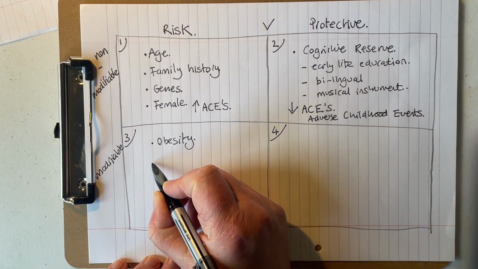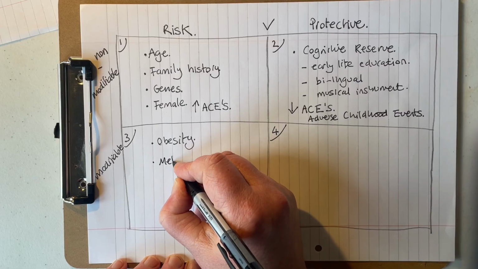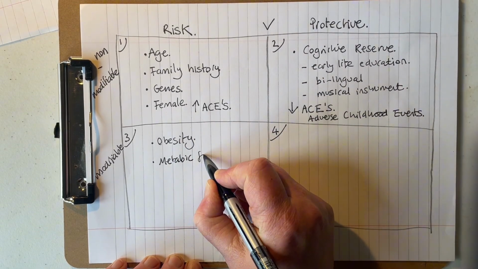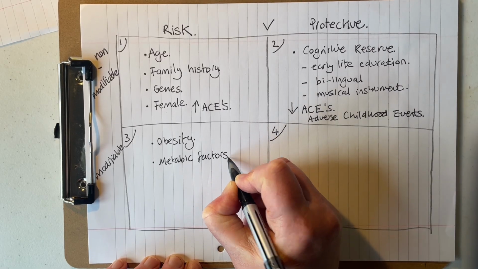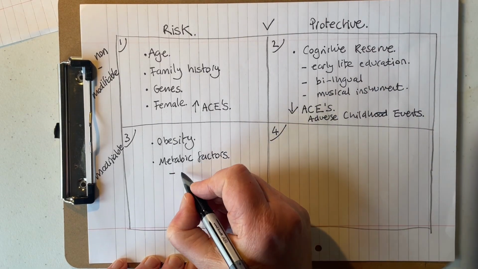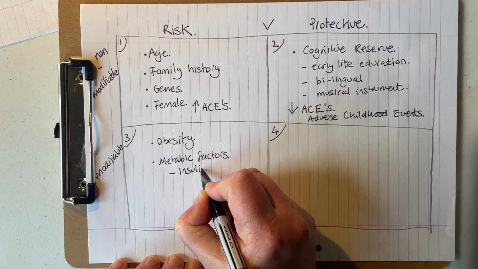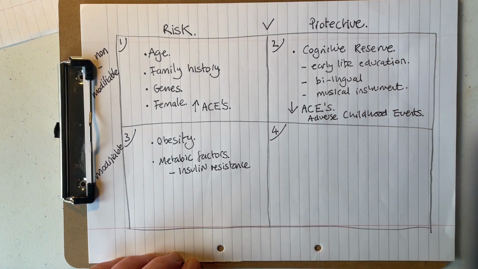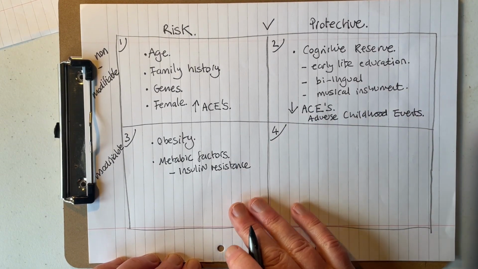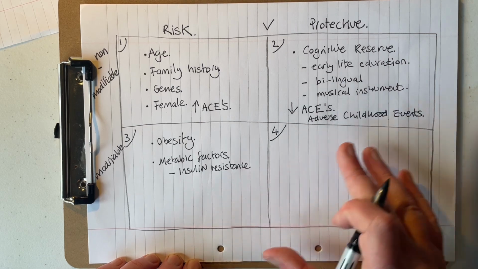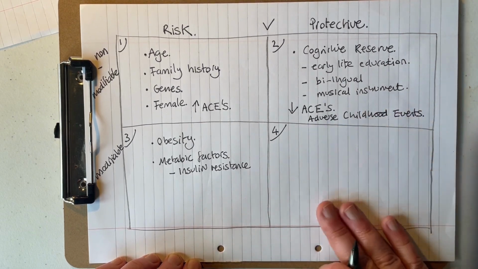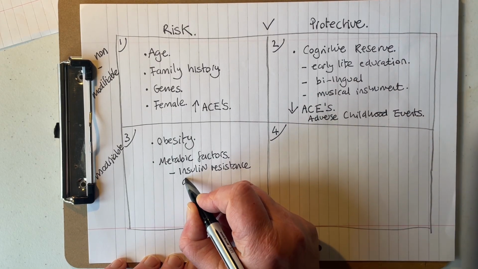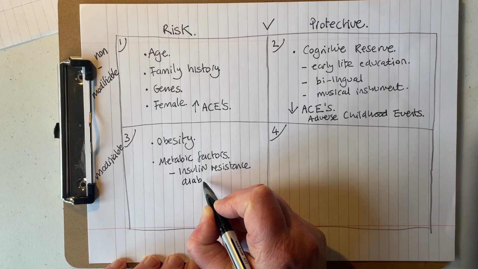And then we've got metabolic factors, and that is things like insulin resistance, and if you don't know what some of these medical terms mean, no matter, it's all going to get much more simple when we've come to the final quadrant here. So I've got diabetes in there as well.